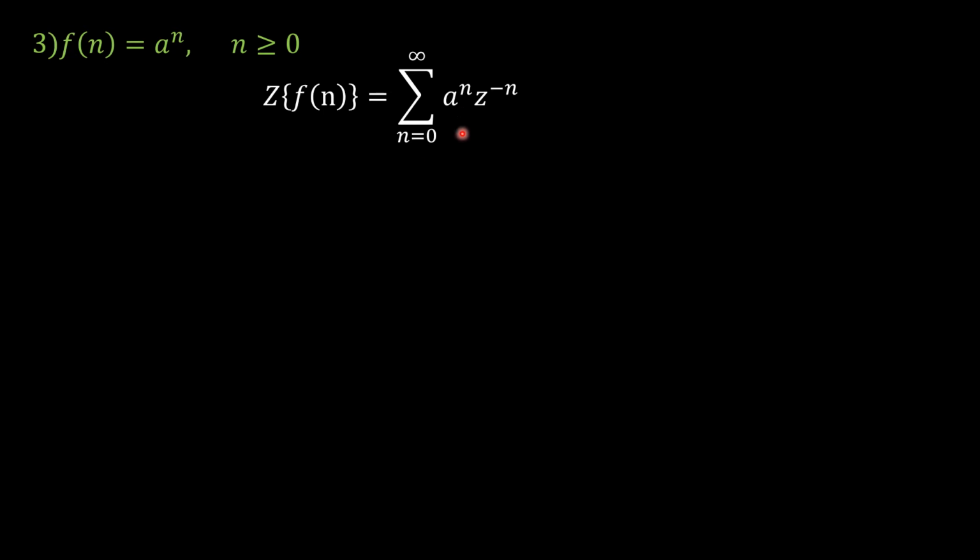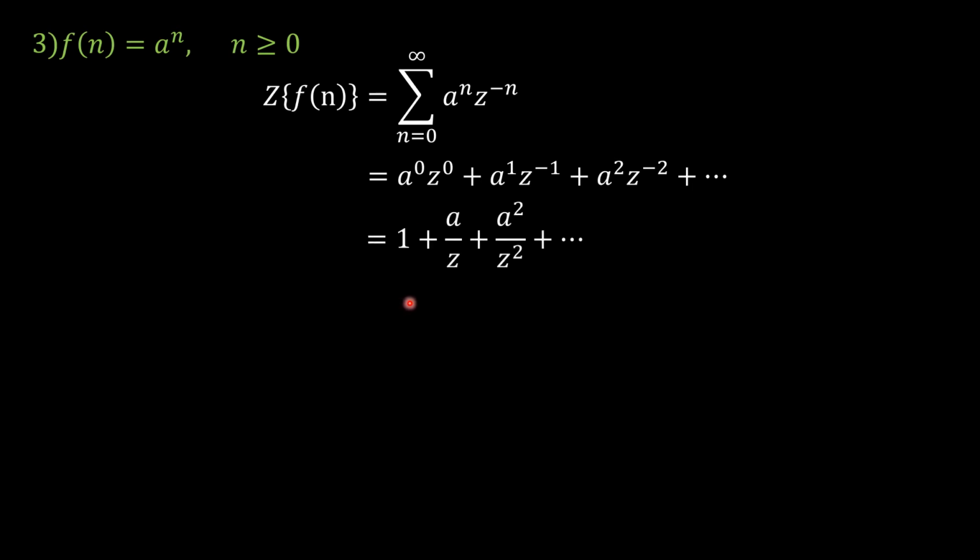Now put the value of n one by one. For n equal to 0, we get the term a raised to 0, z raised to 0. For n equal to 1, it is a raised to 1, z inverse, plus for n equal to 2, a squared z raised to minus 2, plus so on.